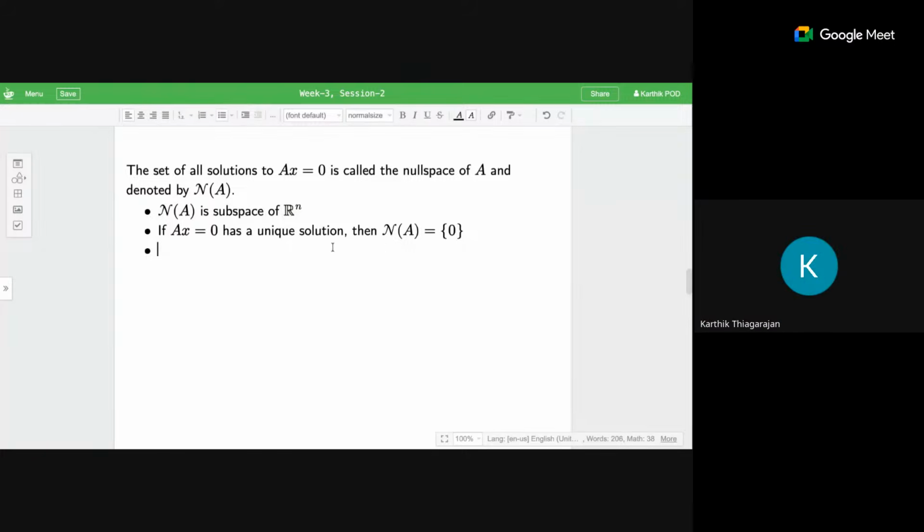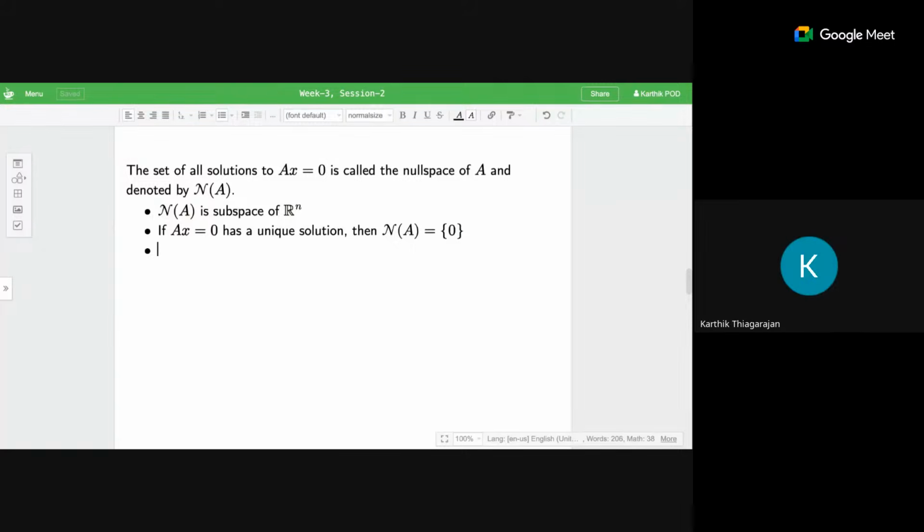Yes, sir. Okay, when will this happen? So what is the relationship between this and the columns of A? If columns of A are of certain character, then the null space of A will just have 0. If the column space spans the entire space. Correct.